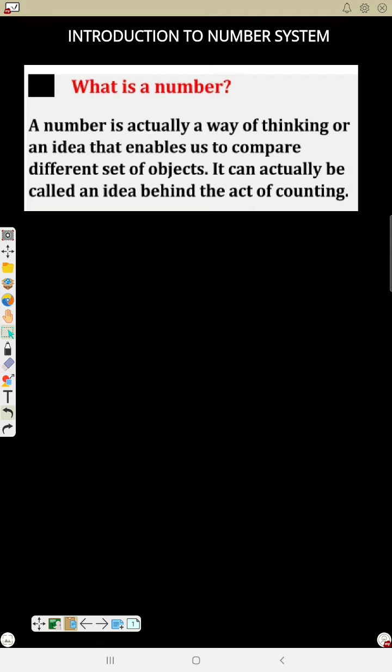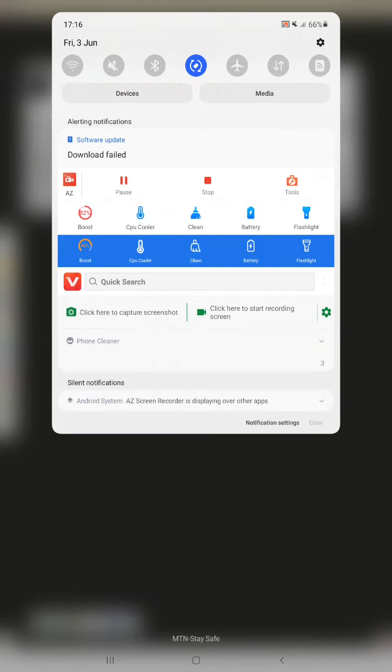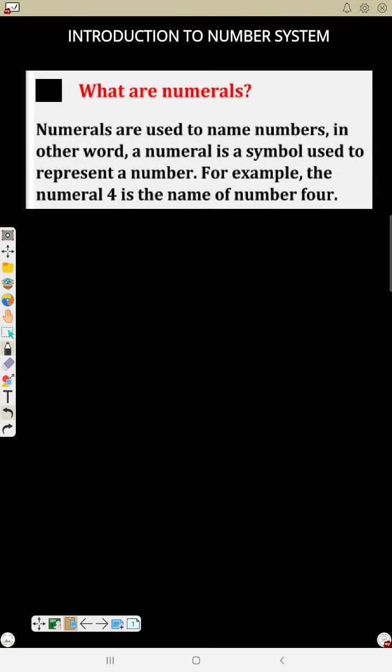Then, what are numerals? Numerals are used to name numbers. In other words, a numeral is a symbol used to represent a number. For example, the numeral 4 is the name of number 4.